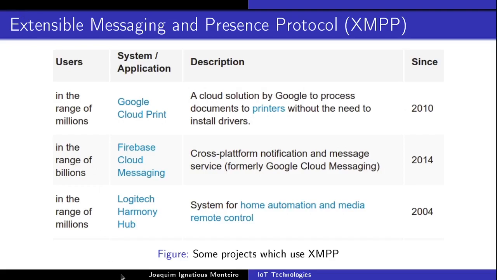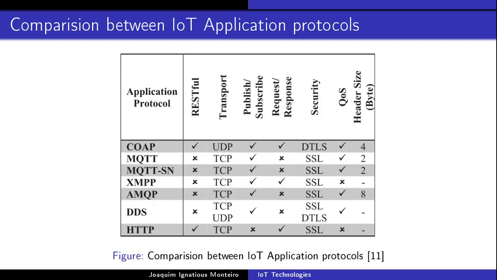Coming to this, you have Logitech Harmony Hub. Just search for this. It's a smart home control or home automation, all those things. A lot of companies are participating in this initiative. Logitech Harmony Hub. Okay, right. So these are using XMPP. So XMPP will be a driving factor in the Internet of Things area in the coming years. And Google Firebase. Right.